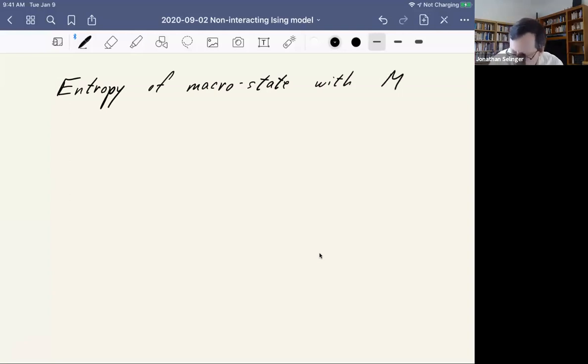That is, in other words, the entropy of the macrostate with n up spins pointing up and n down spins pointing down.